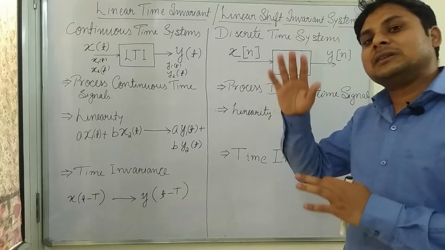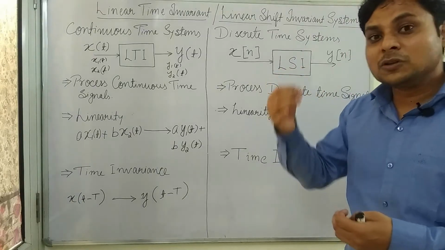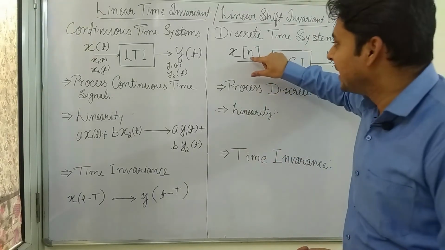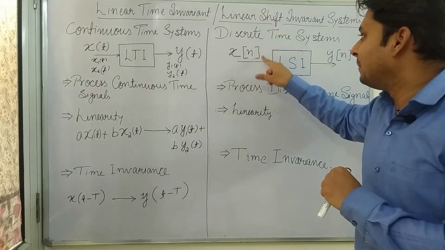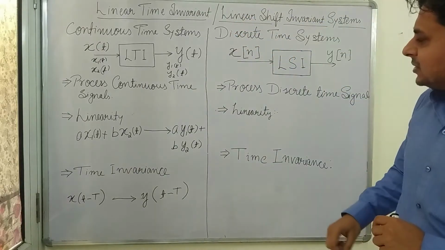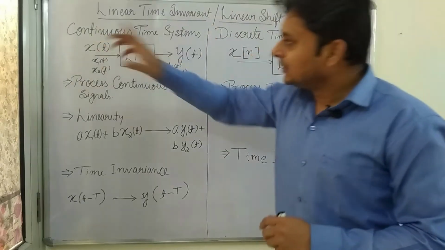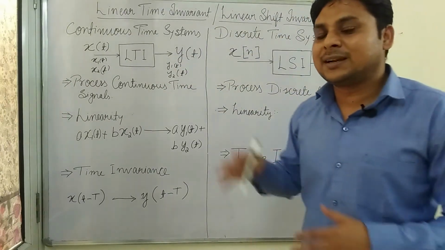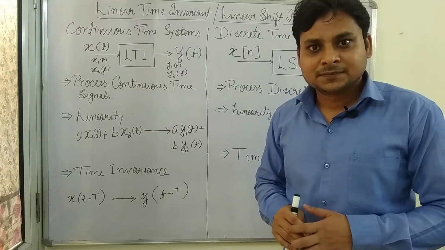But when we talk about a discrete time signal, we take time instances represented by small n in place of small t, enclosed in square brackets. So when you see this kind of representation, you will understand that it is a discrete time signal, and the other is a continuous time signal.